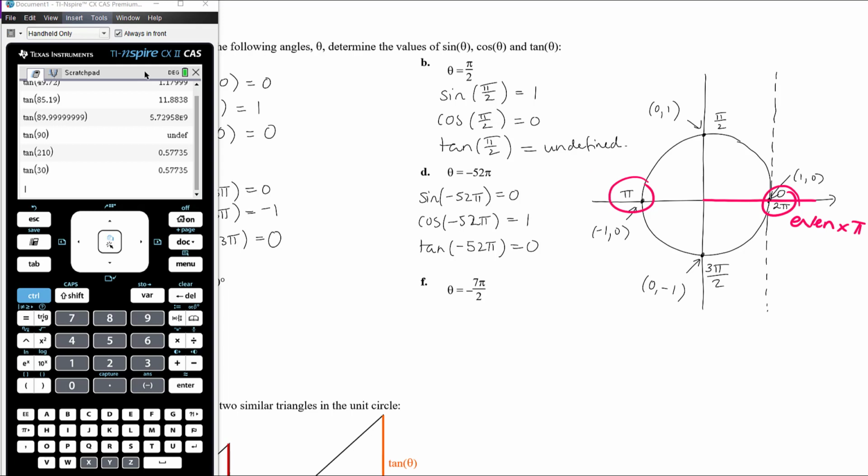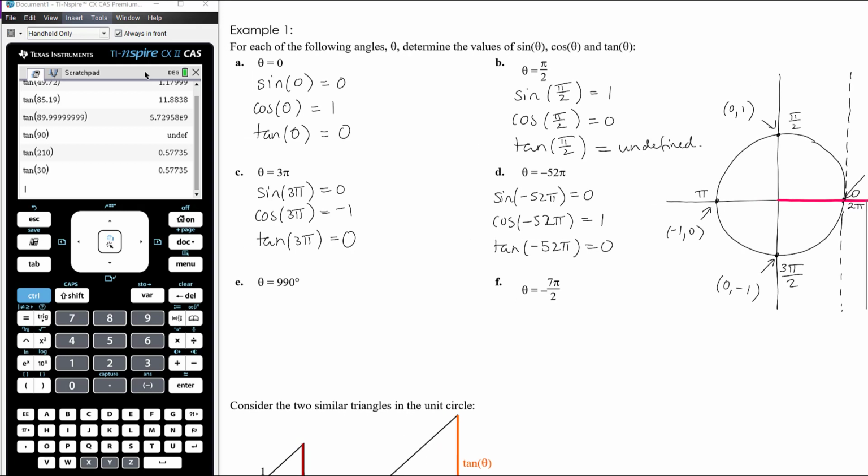Okay, let's have a look at the next couple. 990 degrees, so all of a sudden we're thinking in degrees. Let's think about what that would be. How many lots of 90?